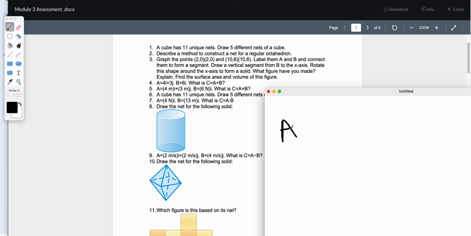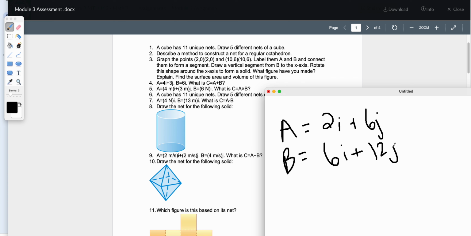Let's say a is 2i plus 6j, and b is 6i plus 12j, and they told me that c is going to be a plus b. So then I'm just going to add a and b.